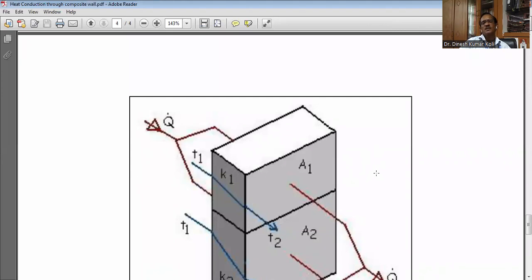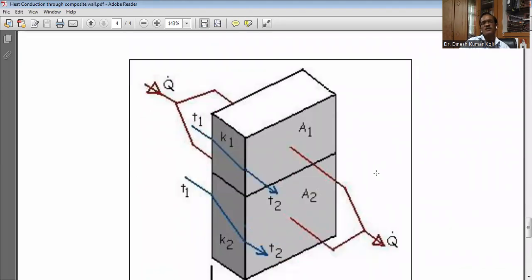Now there is a possibility that the heat is conducting through a composite wall or a plain wall but having different areas. Here the calculation of the thermal resistance will be different. How will it be? Just see here. Heat flow rate occurring is Q, here also Q, so it is the steady state. But this plate is made of two portions.